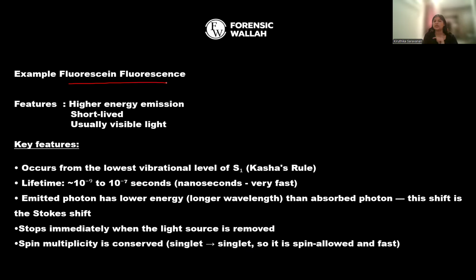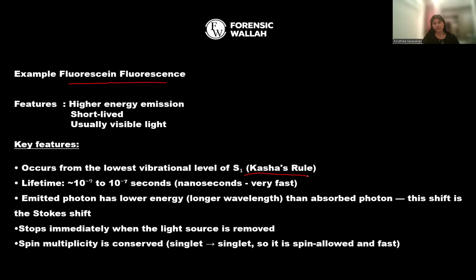First thing is that it occurs from the lowest vibrational level of S1. That is called Kasha's rule. It always starts from the lowest vibrational level. S0 is the ground state, so here no molecules are getting excited.